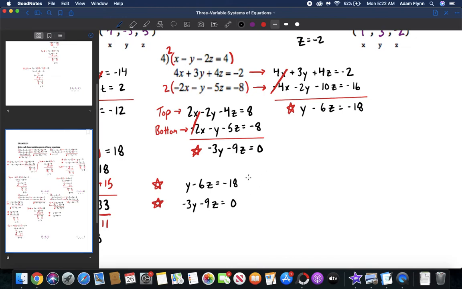Taking a look at this, it is probably easiest to eliminate my y's. So I need to scale my top star equation by positive 3 in order to give that y a coefficient of positive 3.